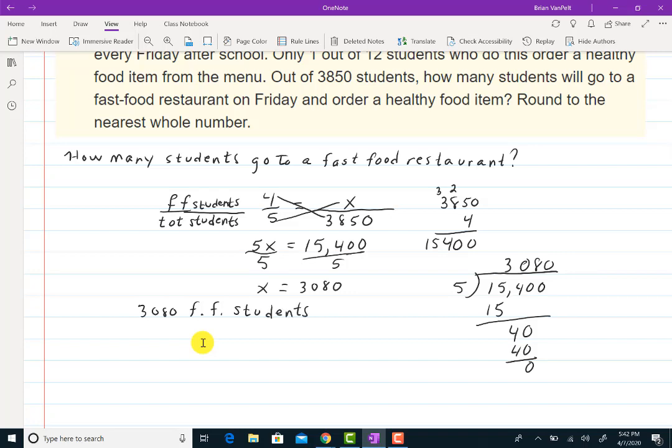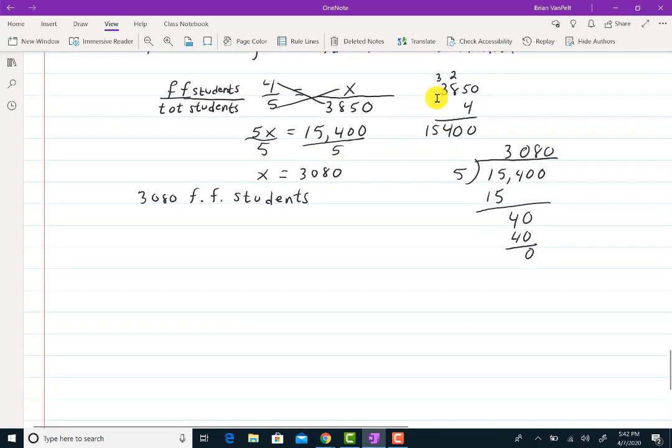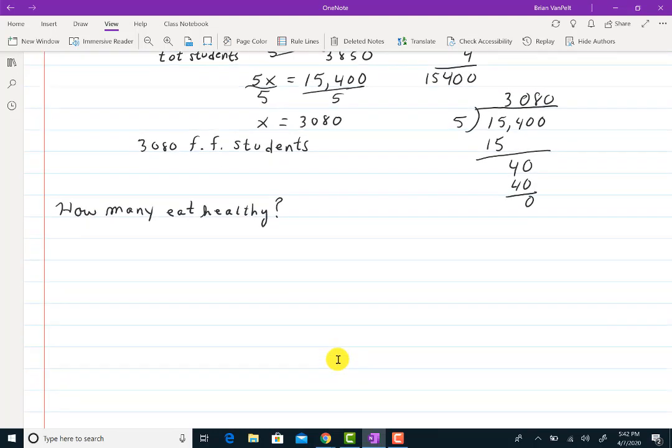Now, of the people who actually do this, 1 out of 12 students order something healthy. So we now know, for the second part of the question, how many healthy. So 1 student out of every 12 students orders healthy.